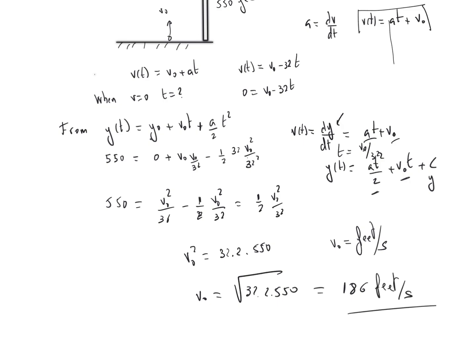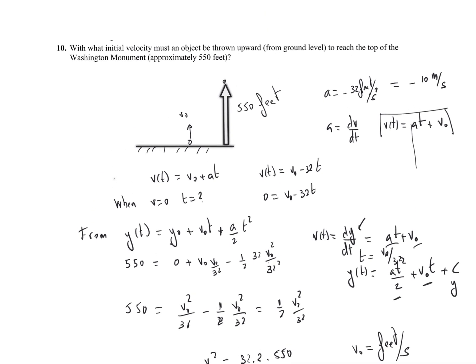And this is the initial velocity with which you have to launch a body from the floor to be able to move with a constant acceleration going downwards, a of 32 feet per second squared, in a field of constant acceleration, to arrive at 550 feet. And the problem is done.